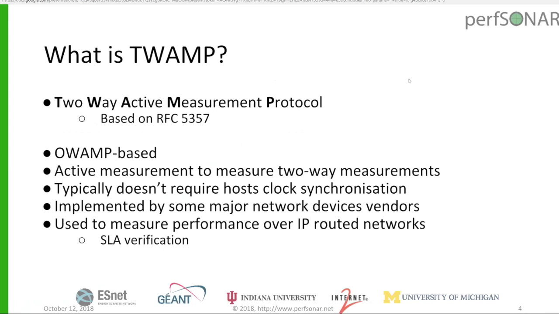So let's start with some basics of TWAMP. If we look today for measurement protocols, probably the most common tool which is used to measure network performance is just ping, which is measuring with ICMP and is already supported by most of the systems in the world. On the other hand, we have the well-known OWAMP protocol, which is used for one-way measurements.